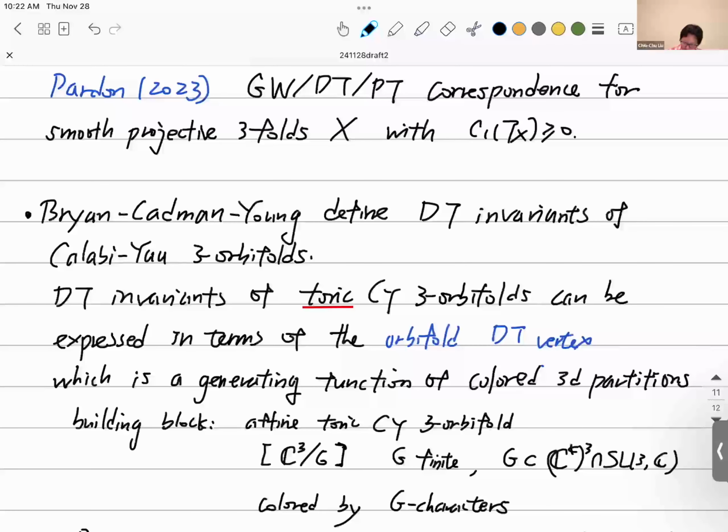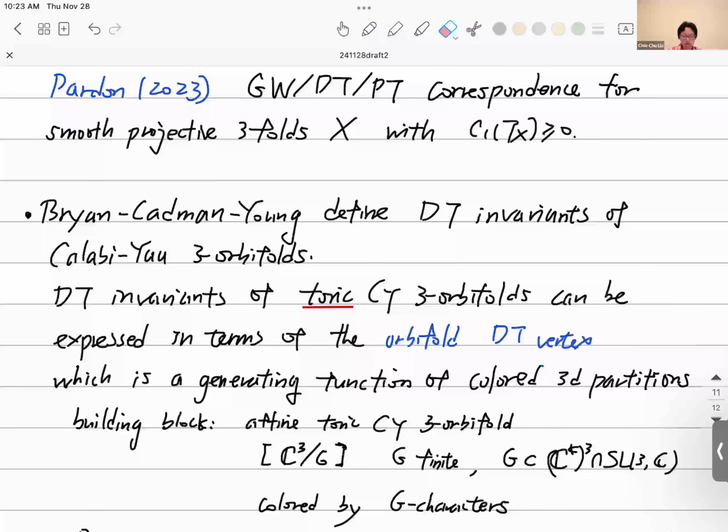So these are the charts. Then if we do localization, we get monomial ideals, and G acts on these monomials with some weights.